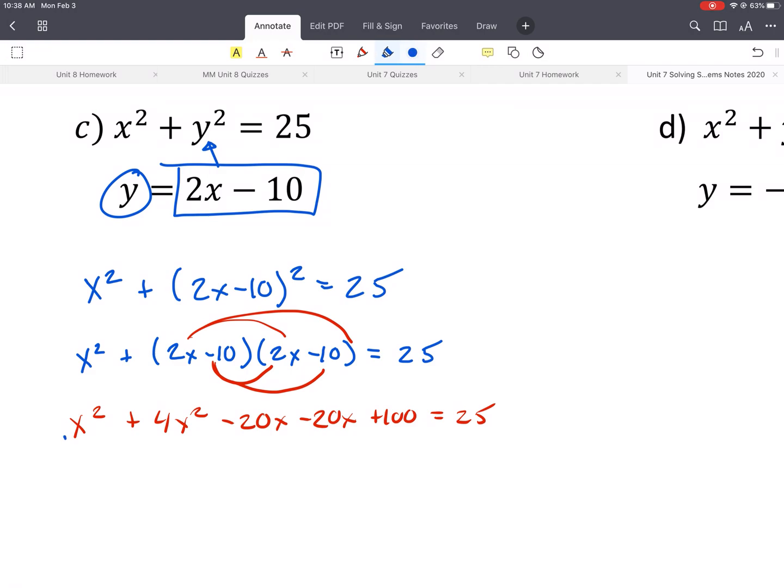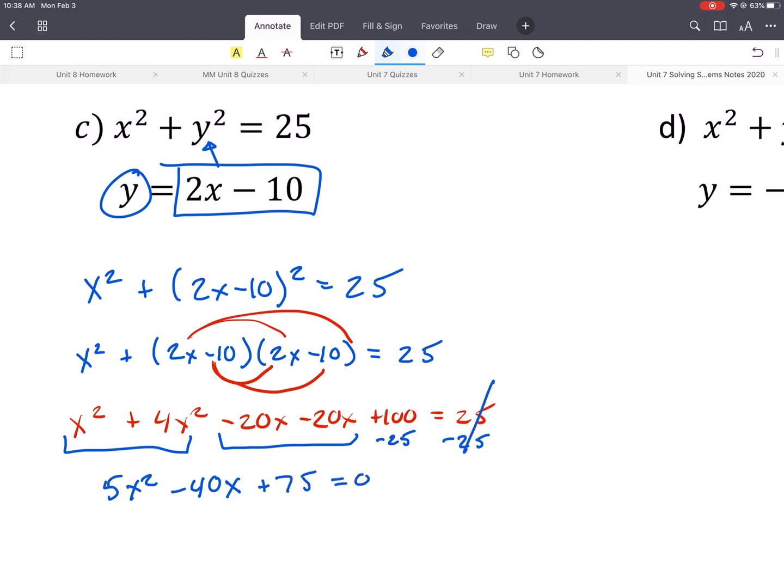Combine like terms. So those two give us 5x squared. Here we get negative 40x. And then, again, we want to have our quadratic equation on one side and have it equal to 0. So we'll need to subtract 25 from both sides. That gives us plus 75 is equal to 0.